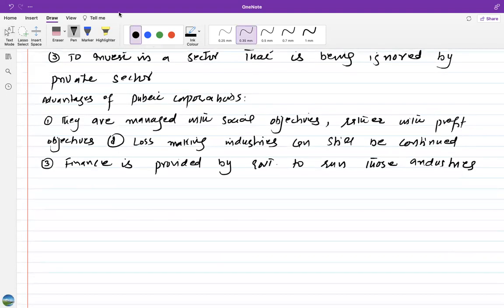Coming to the disadvantages of public sector organizations. Talking about the disadvantages of government-owned businesses, they tend to be inefficient.